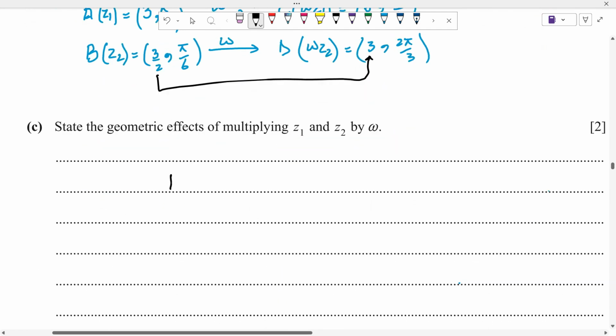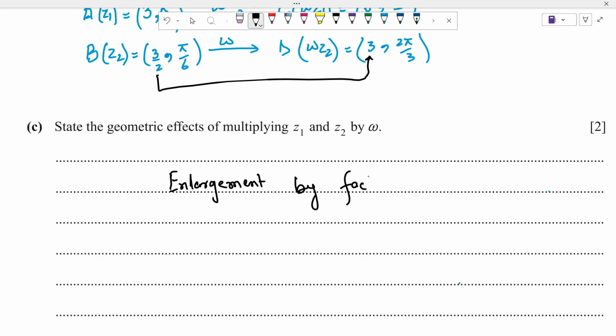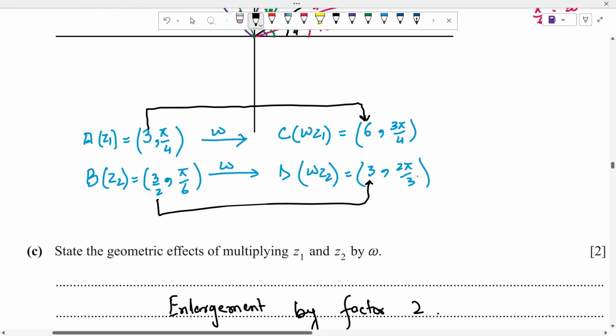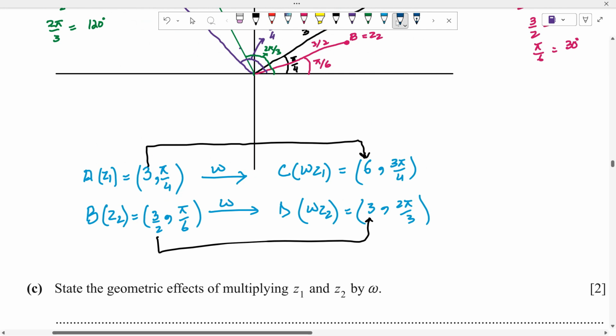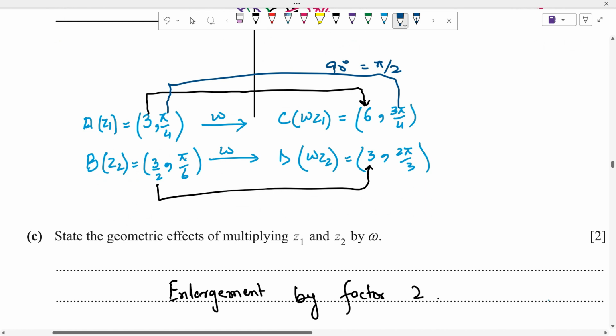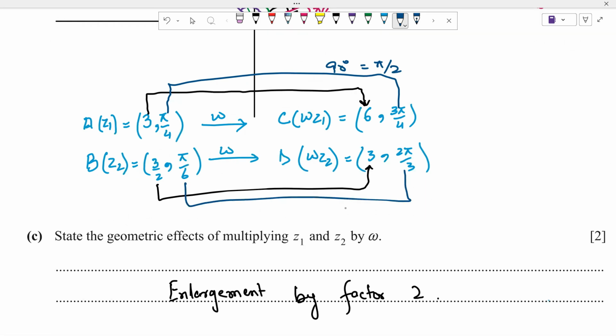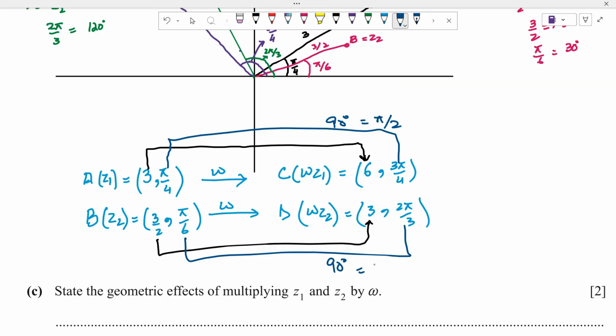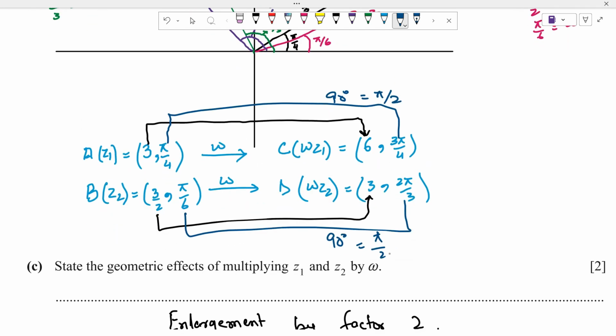We can see that the 3 converted to 6 after multiplying with omega, and 3 by 2 converted to 3. So there is an enlargement by factor 2. Now let's talk about the angle. Pi by 4 converted to 3 pi by 4, so there is a difference of 90 degrees or pi by 2. Similarly, pi by 6 converted to 2 pi over 3, so this one is also 90 degrees, or pi by 2.